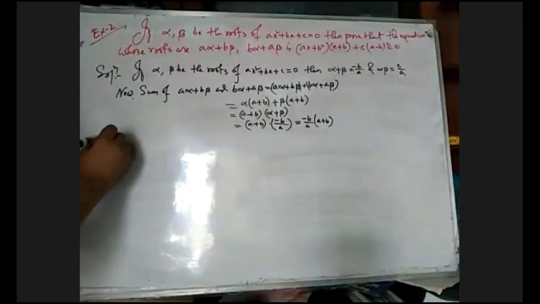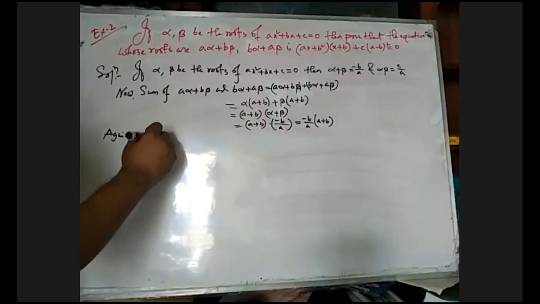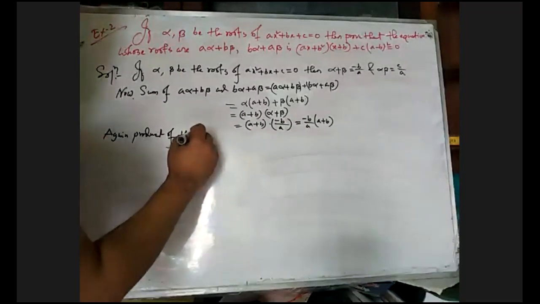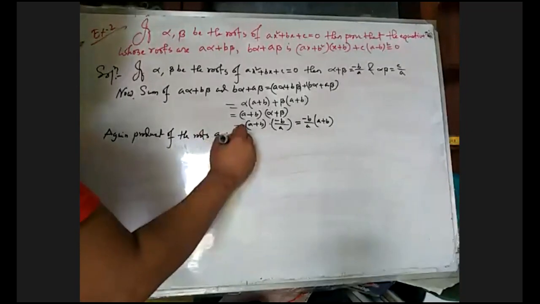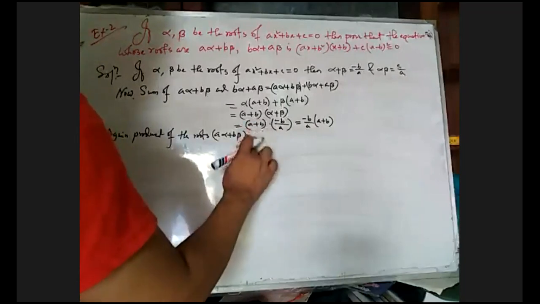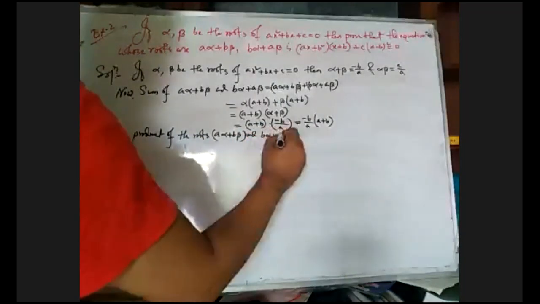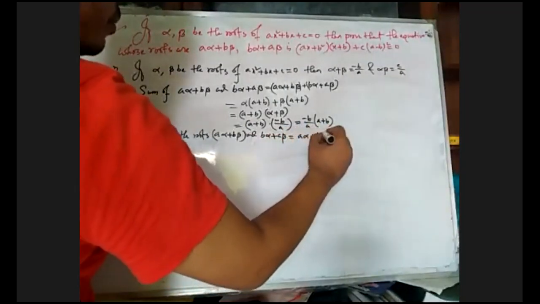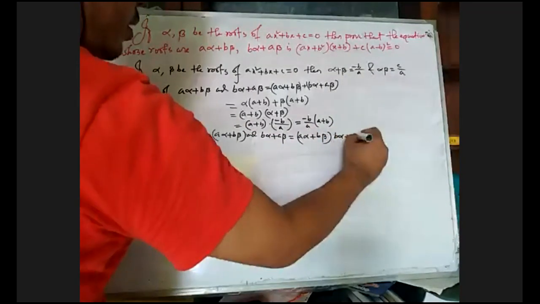Again, the product of the roots a alpha plus b beta into b alpha plus a beta.